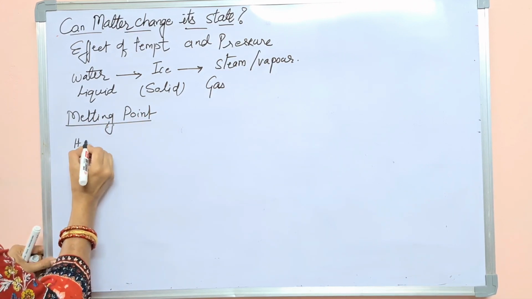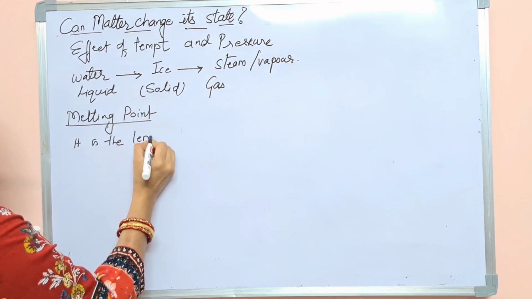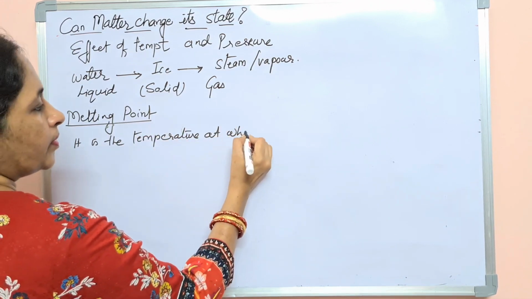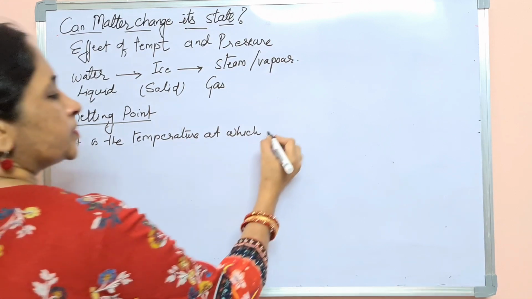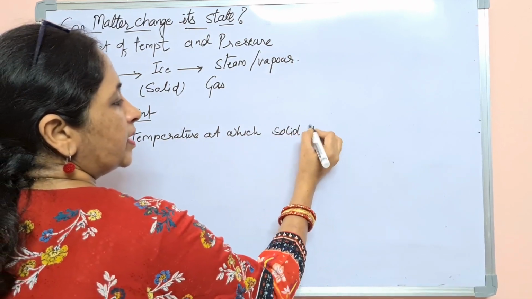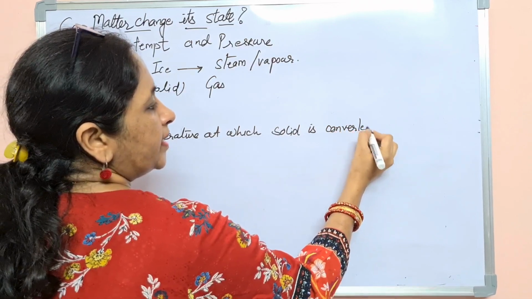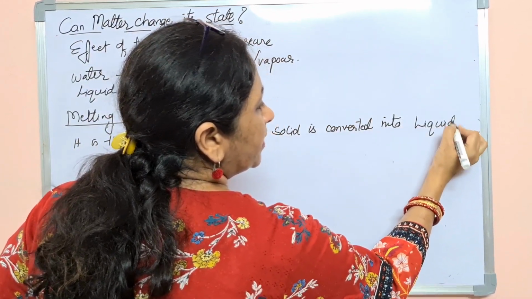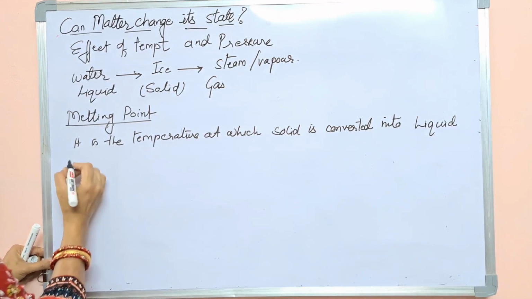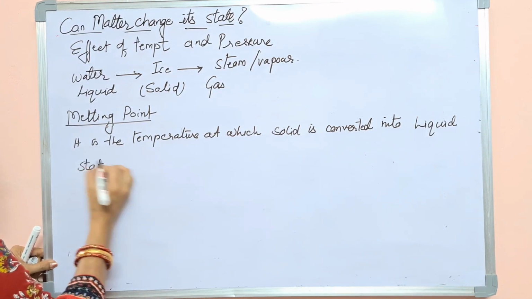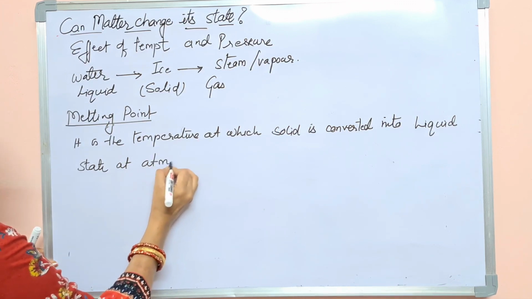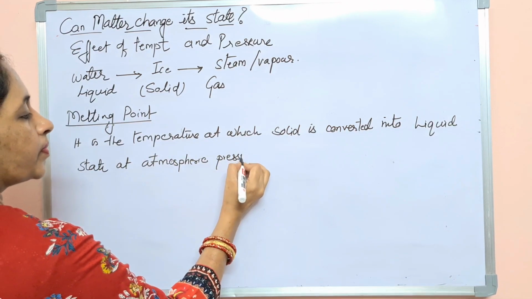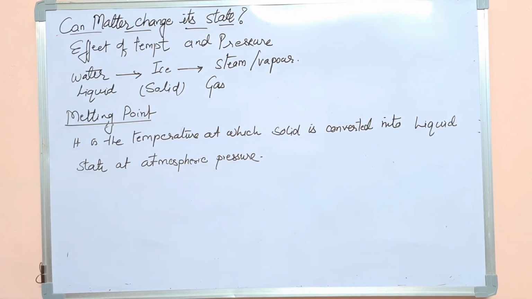Melting point, it is the temperature at which solid is converted into liquid state at atmospheric pressure. At atmospheric pressure. So it's clear.